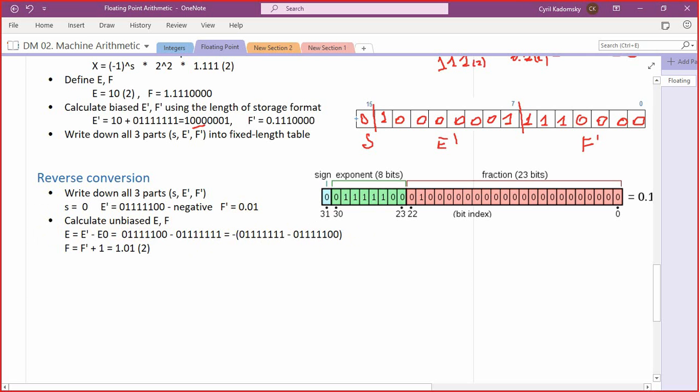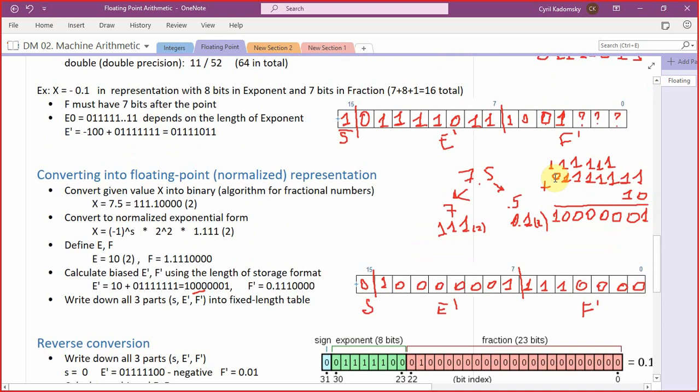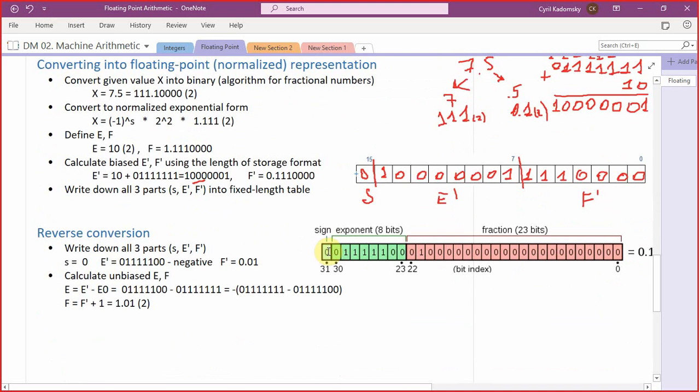This can be done by the algorithm like before, but I can put the ready solution for you, because you see all bits in this number are bigger than in this number, so there will be no carry. From this bit 0 will be subtracted, so we obtain 1.